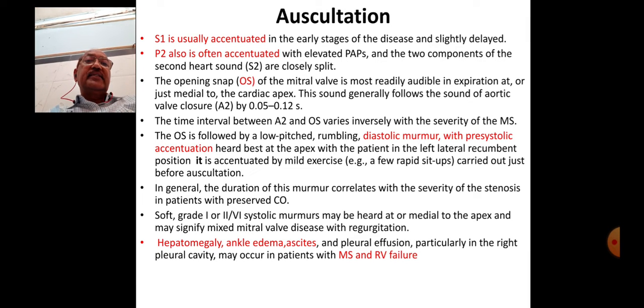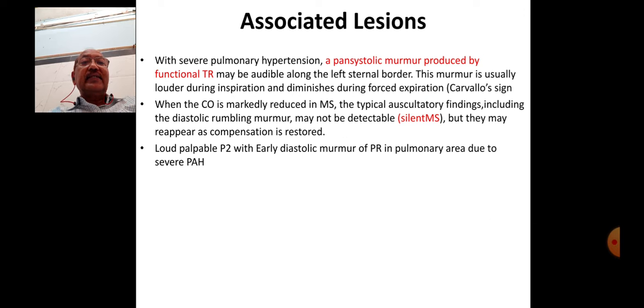The opening snap is followed by a low-pitched rumbling mid-diastolic murmur with pre-systolic accentuation, heard best at the apex with the patient in the left lateral decubitus position. It is accentuated by mild exercise carried out just before auscultation.